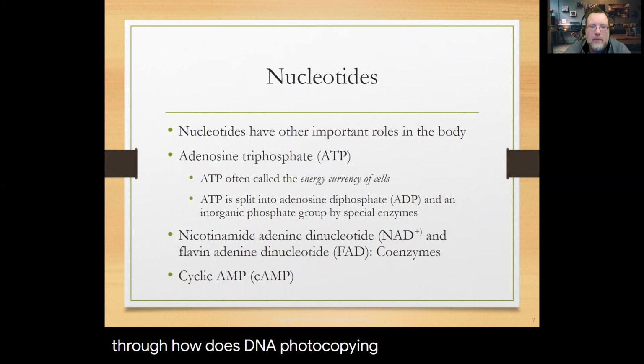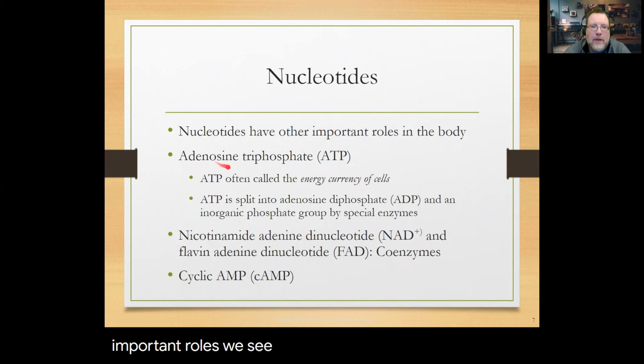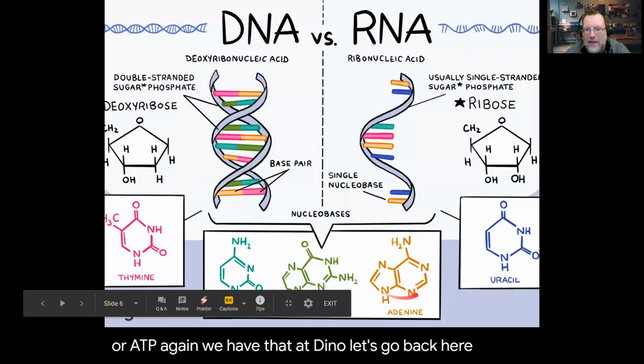So lastly, with this little section, nucleotides have other important roles. We see adenosine triphosphate, or ATP. Again, we have that adeno. Let's go back here, adenine.